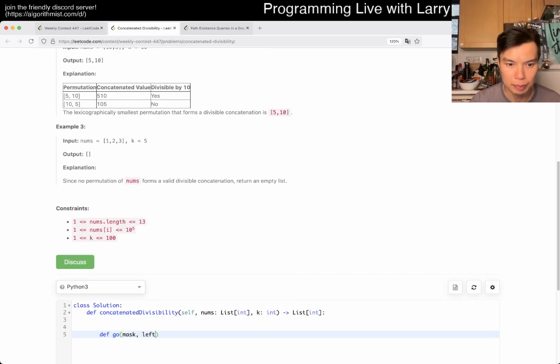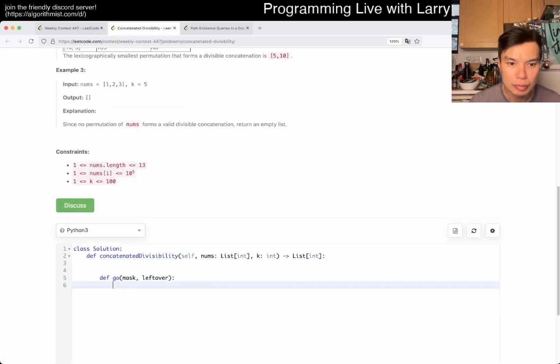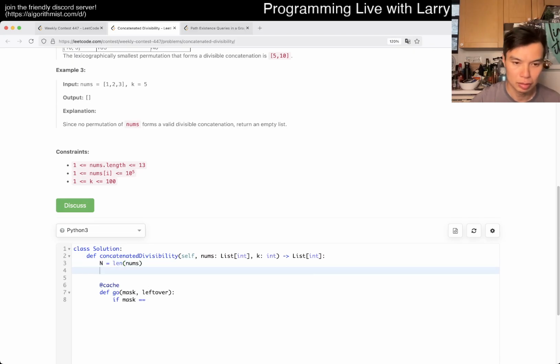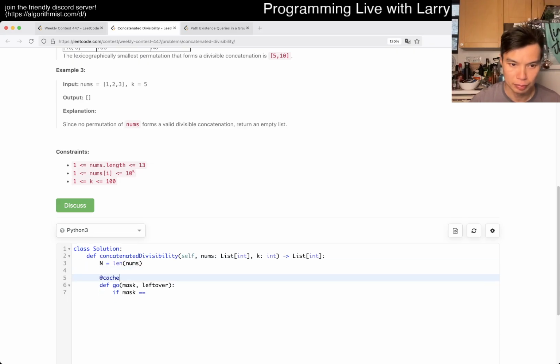Mask before. Yeah, I mean that's fine, but if mask is... which way do I want to go? Yeah, just set to 0, fine.